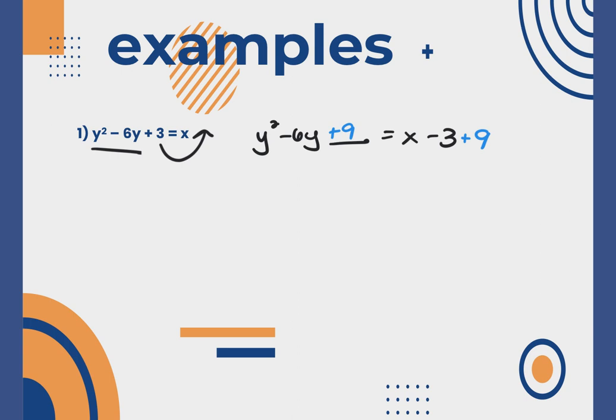So we factor the first term. Sorry, we square root the first term. Y squared, square rooted would be y. We square root the last term. 9 square rooted would be 3. We take the sign from the middle term, minus, put it in parentheses and square it. And then we simplify the other side. X minus 3 plus 9 would be x plus 6.